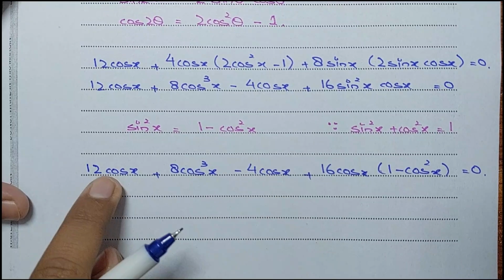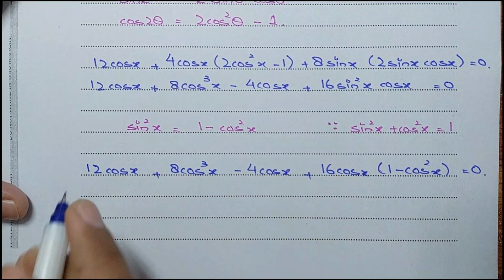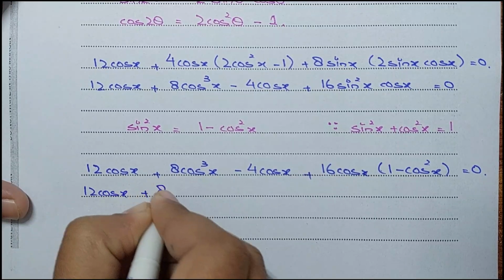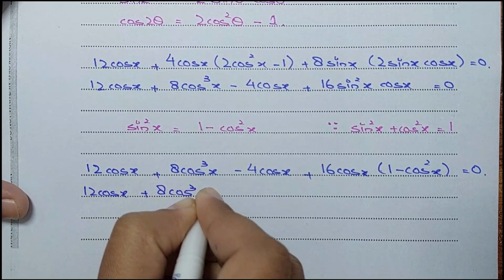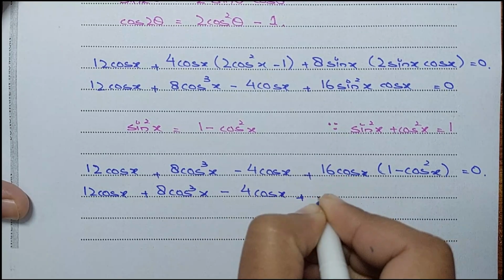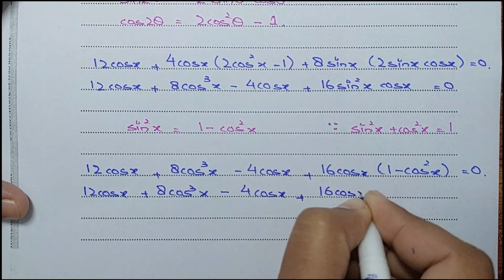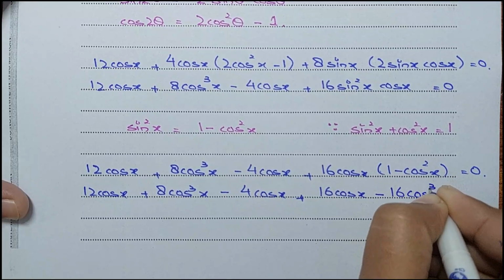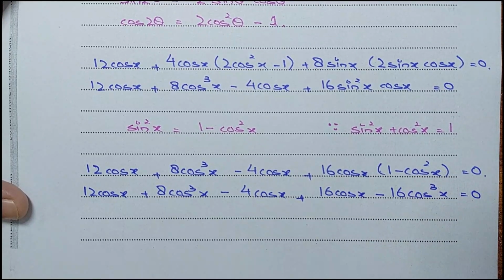Now this is in cos, this is in cos, so it is better to open the bracket first. 12 cos x plus 8 cos cube x minus 4 cos x plus 16 cos x multiplying with 1, and minus 16 cos cube x equals 0, right?